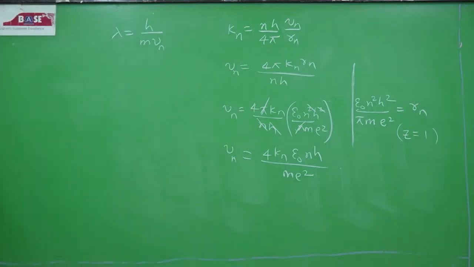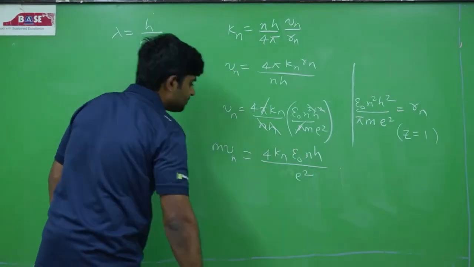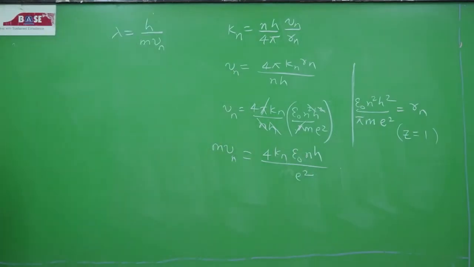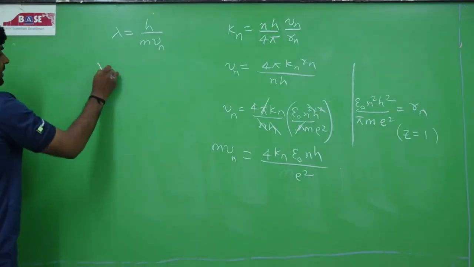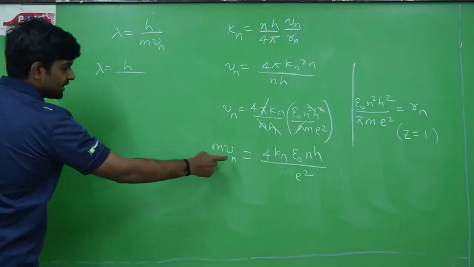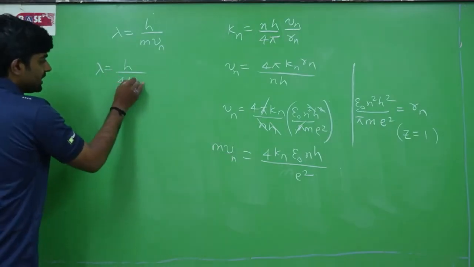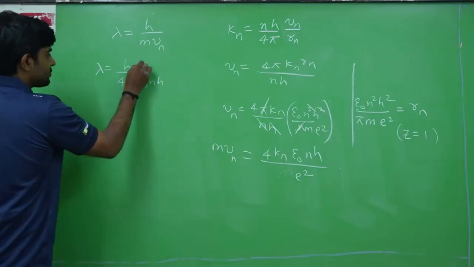Now let's reorganize this a bit. I'll just transfer this m here, so that's our momentum. Momentum is 4 Kn epsilon naught nh by e squared. So we'll plug this information here and write lambda equals, just substituting, nothing much. So mvn would be 4 Kn epsilon naught nh over e squared here.